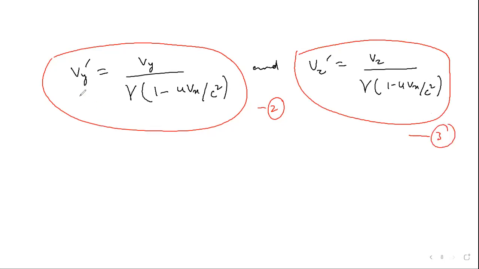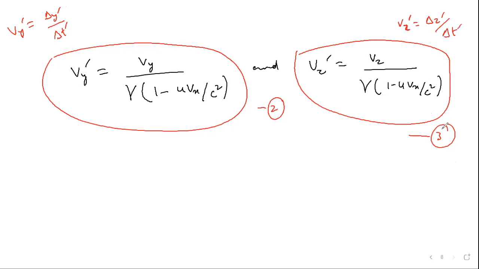Now, how can you obtain it? Simple. Vy prime will be delta y prime over delta t prime. You make the substitution, accordingly set the things, and here Vz prime will be delta z prime over delta t prime.